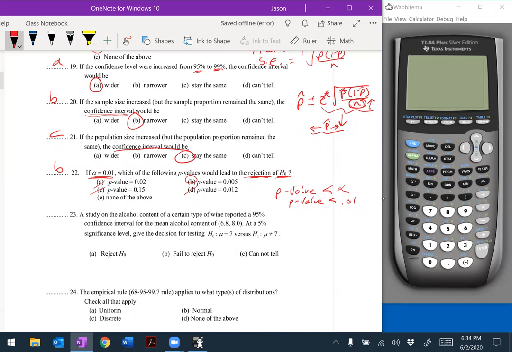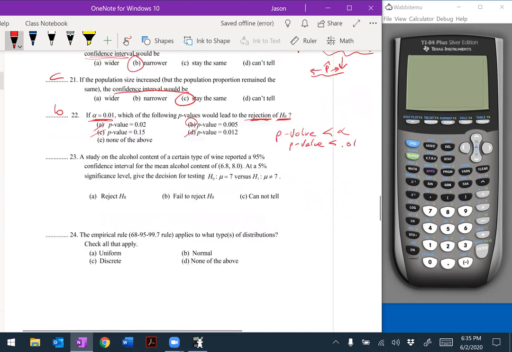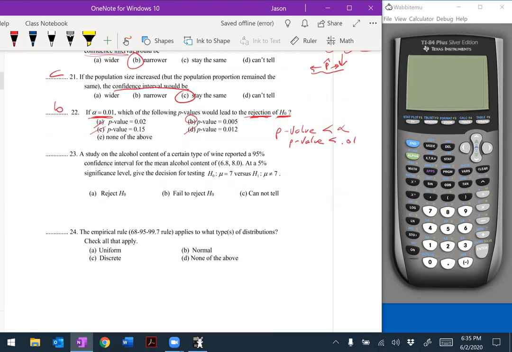Okay, 23. A study on the alcohol content of a certain type of wine reported a 95% confidence interval for the mean alcohol content of 6.8 to 8.0.